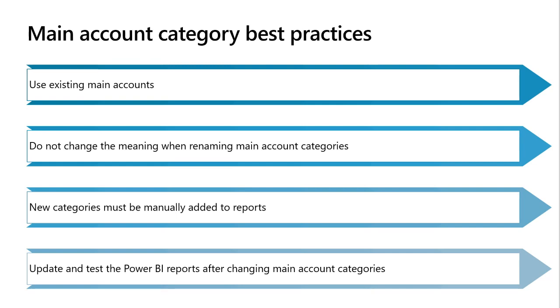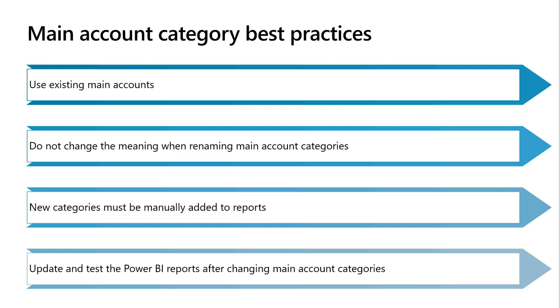A good list of categories is provided out of the box, and the out of the box reporting is linked tightly with these categories. We do not recommend that you change the meaning by updating the name or description of the main account categories. This can cause unexpected behavior in the out of the box reports.